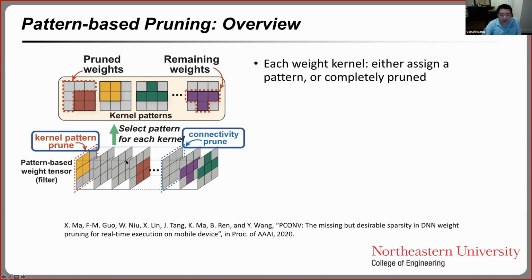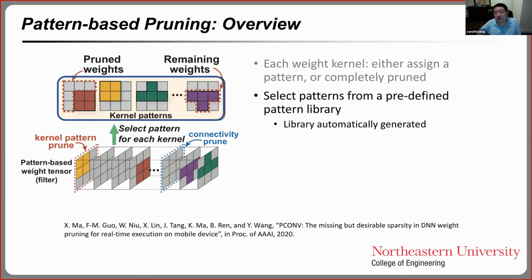If the kernel is completely gray, it means that it is completely pruned. The pattern means that only the colorful entries have values, and the rest of the entries are pruned. So they need to follow these patterns and the specific value distributions.